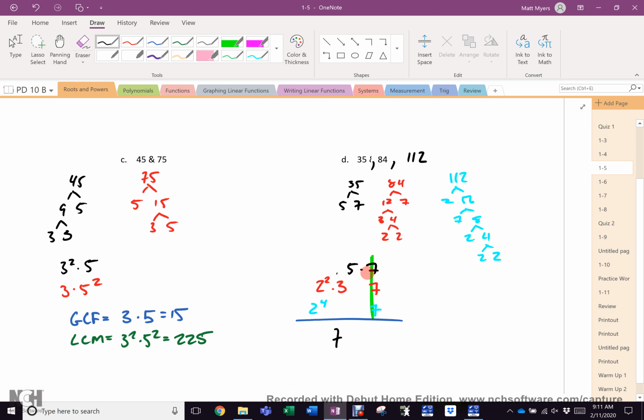Now, what I did to change this was I took out the 35 and I said now it is 70, 84, and 112. So this 5 times 7 now has a 2. So now there's a 2 in all 3 of them, but only one singular 2. And there's a 7 in all 3 of them. So if this was 70, our GCF would be 14, because it would be 2 times 7.